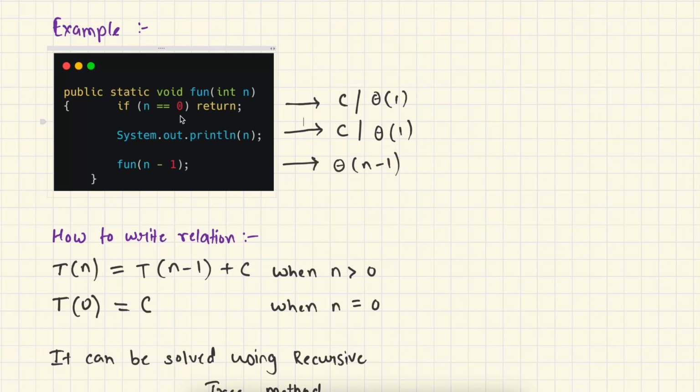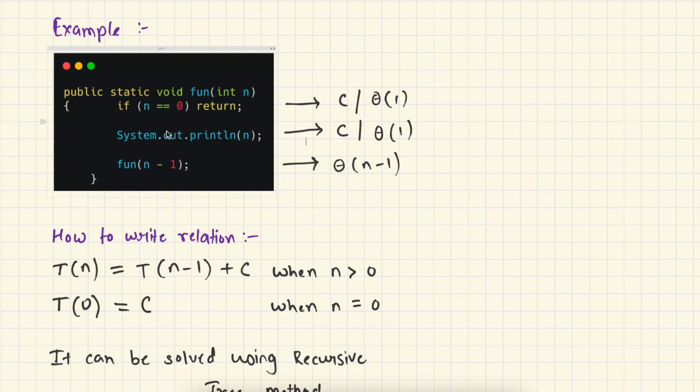It means we are simply doing a constant amount of work, so we can write constant, or we can also write theta 1 work. In the second line we are simply printing the value of n. So this is also a constant amount of work, right? Whatever work doesn't depend upon the input, we call it constant work. So in this function, line 1 and line 2 both do a constant amount of work.